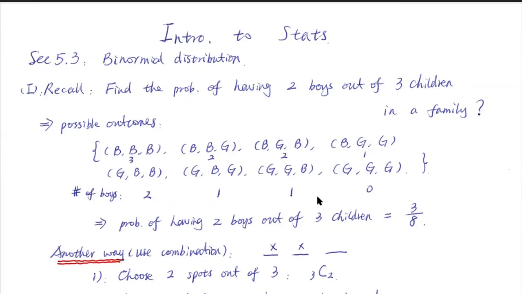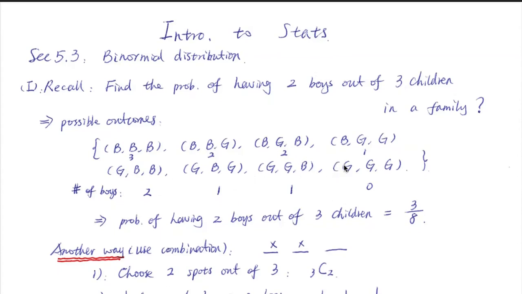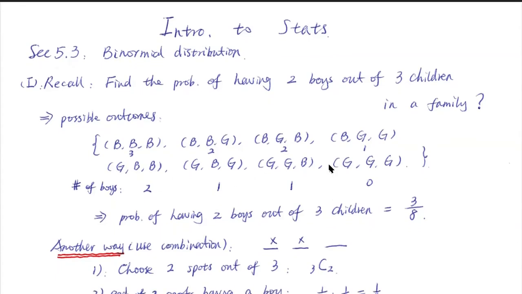And then out of that information, if I want to find the probability of having 2 boys, 1 girl, that combination, right? So you count. Out of each outcome here, which of them have 2 boys?